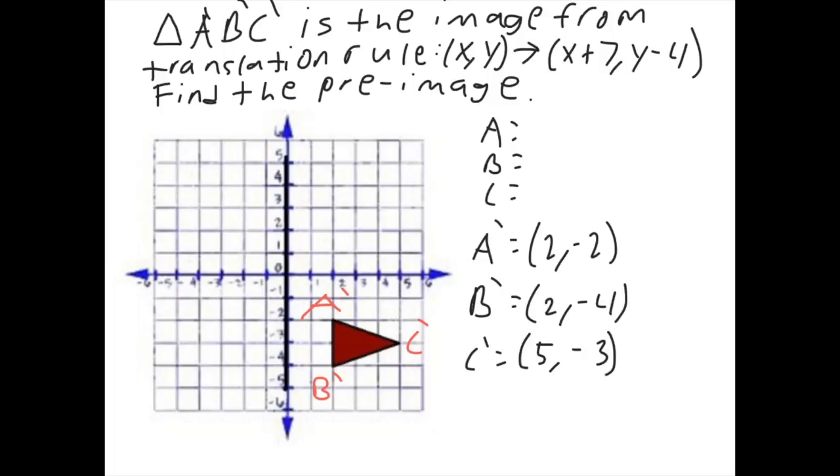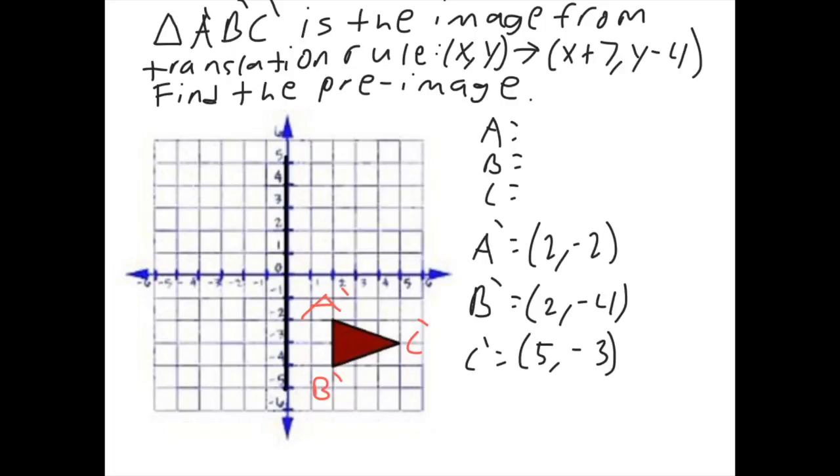So the translation was to add 7 from the pre-image, the x-coordinate, to get the image. So if we look here, A prime, its x-coordinate was 2. So if we do the opposite and subtract 7, we'll find out what 7 was added to get 2.